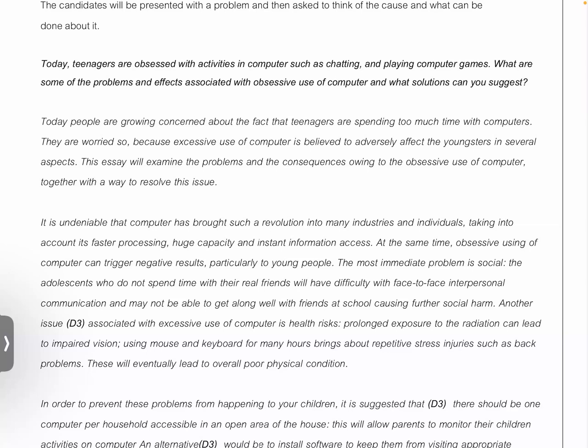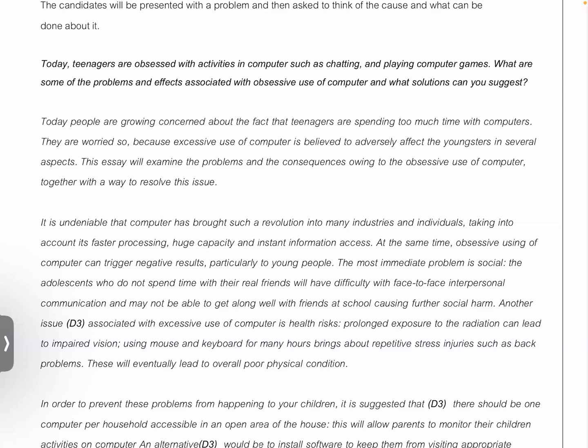Okay, so according to this statement, the following sections will shed some light upon the consequences or the negative impacts of obsessive using of computer, and how these problems can be prevented.